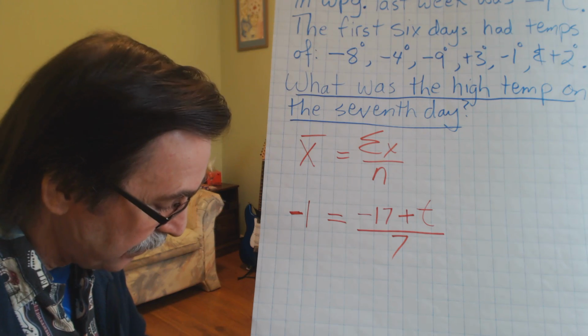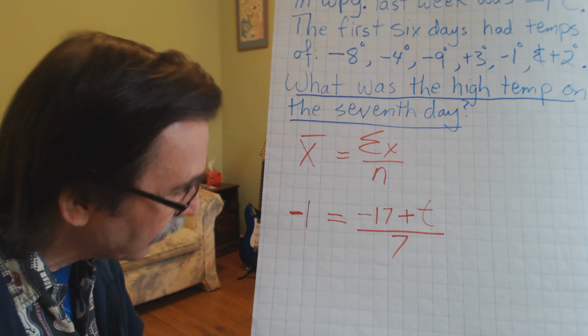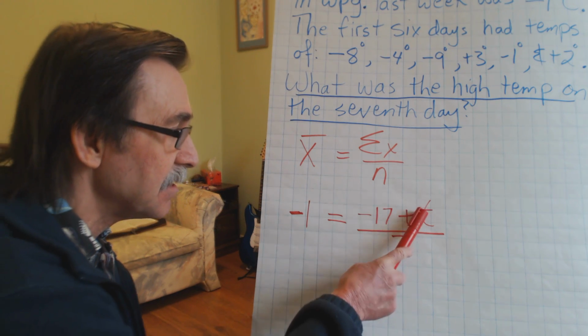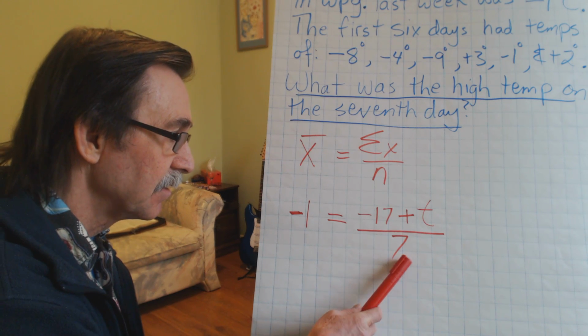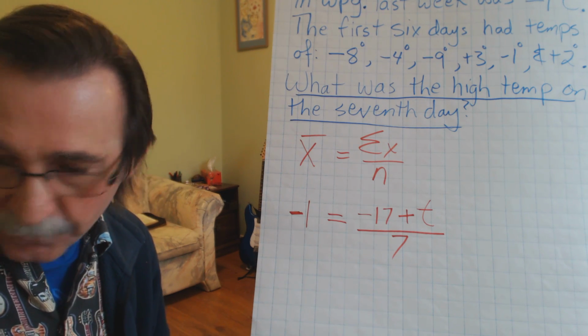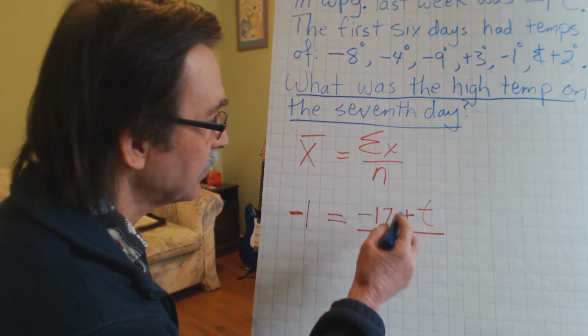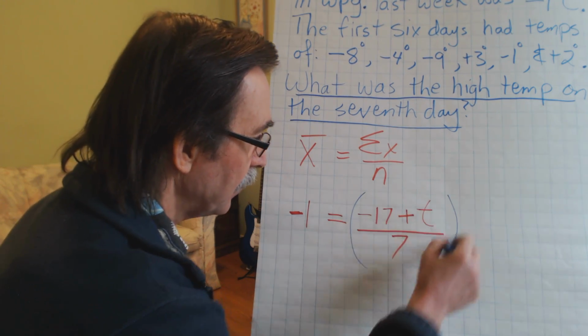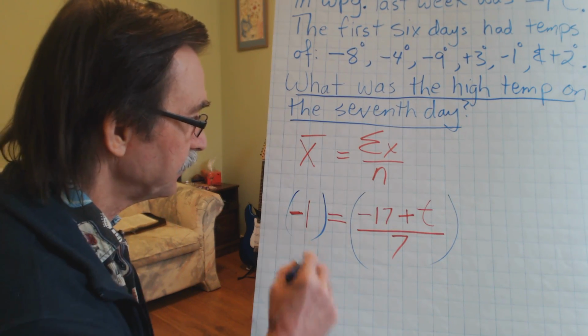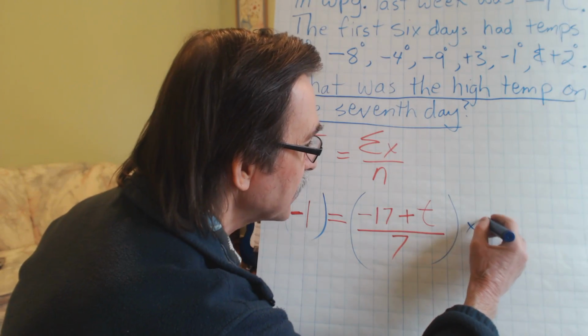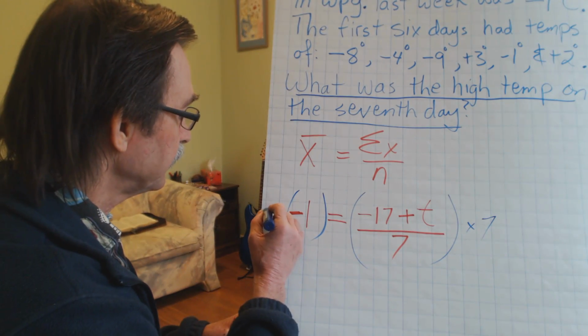Okay, so I'm going to come in, and the work that I do to isolate T is going to be shown in a different color here. So I'm going to collect all this stuff like this. I'm going to multiply both sides by 7.